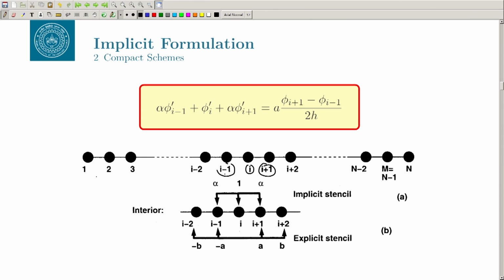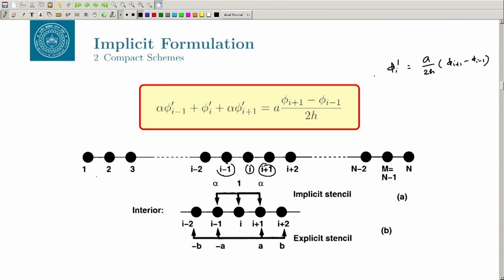So, you are making use of i plus 1, i and i minus 1 for calculating your functions, and at the same time you are also calculating the derivative at all 3 points. So, what we had earlier is phi i prime equal to a by 2h times phi i plus 1 minus phi i minus 1, right. This is an explicit scheme, and here a becomes 1, right.